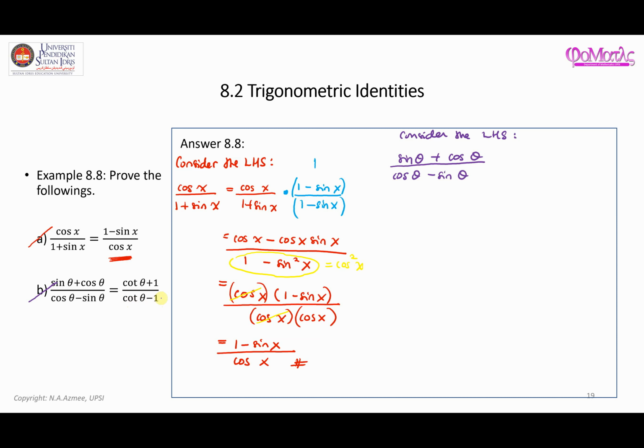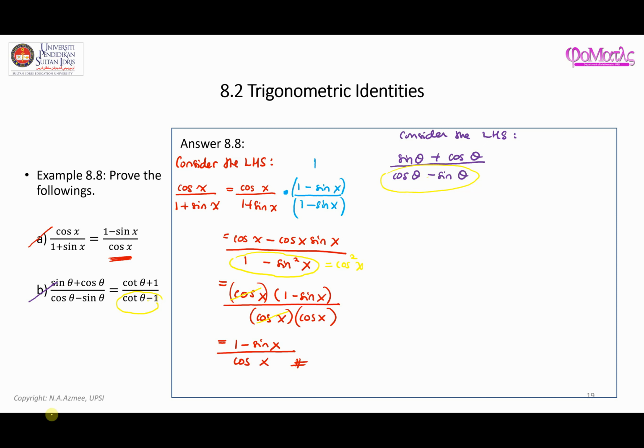Now if you compare what you have on this right hand side with what you have on this side here, you can see that we have the subtraction process. So we're going to maintain just that. Now here we have minus 1. So how can we turn sine theta so that it becomes 1?